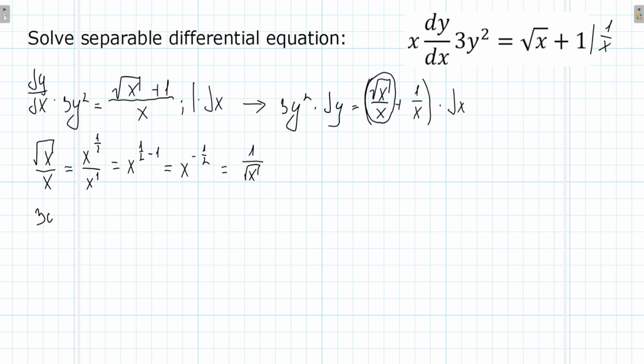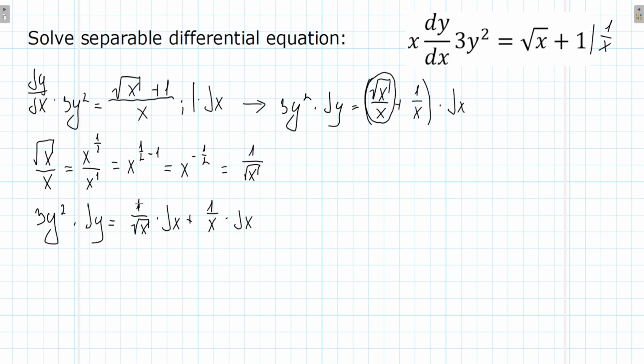So 3y squared times dy is equal to 1 over the square root of x times dx plus 1 over x times dx.